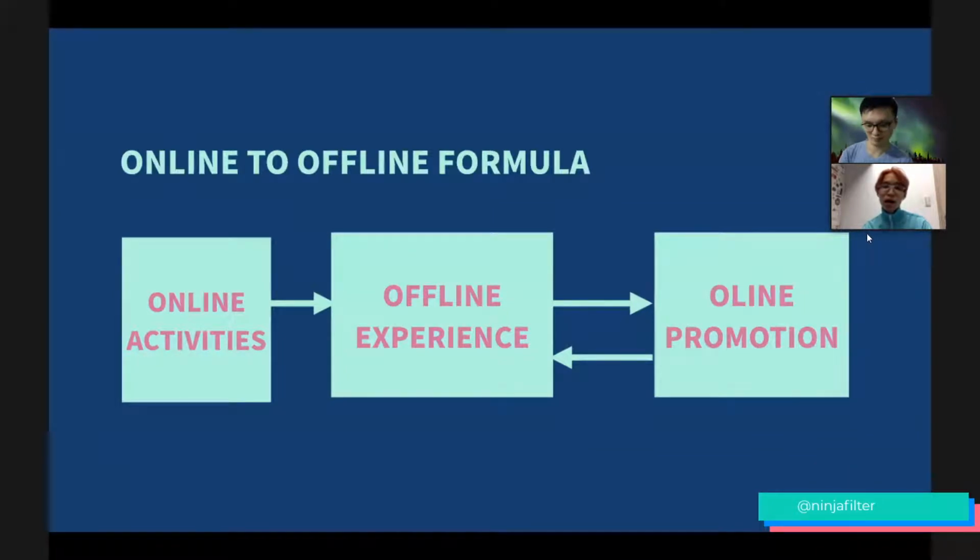This is the online to offline formula. You can create your brand's online activities and show the AR effect. When people play the AR effect, they go to the offline store and upload their content, and the online promotion attracts their friends to go to the offline store.